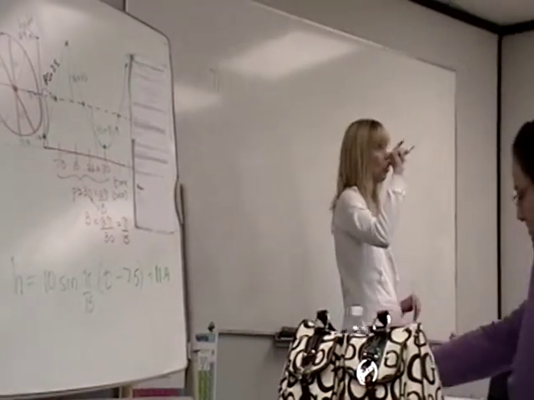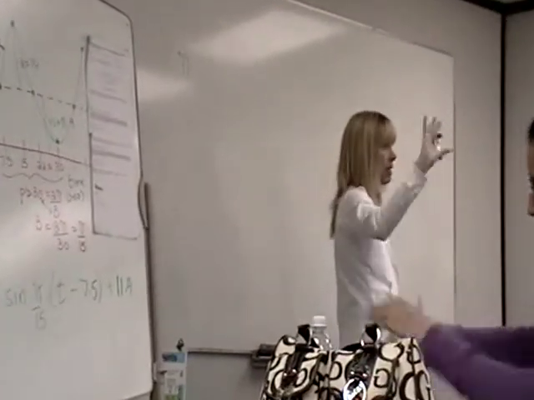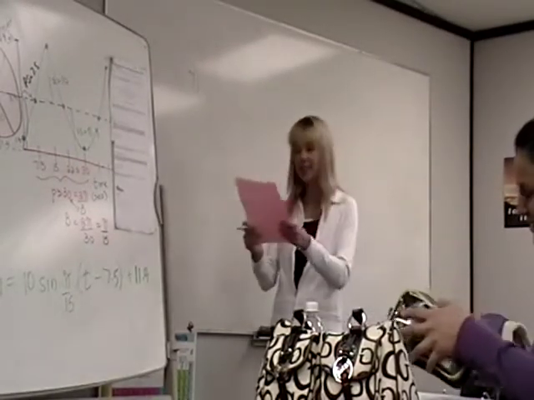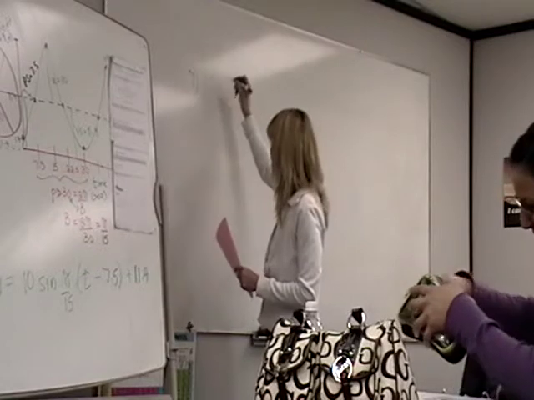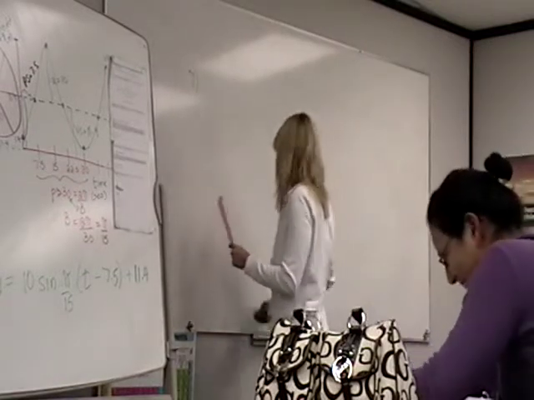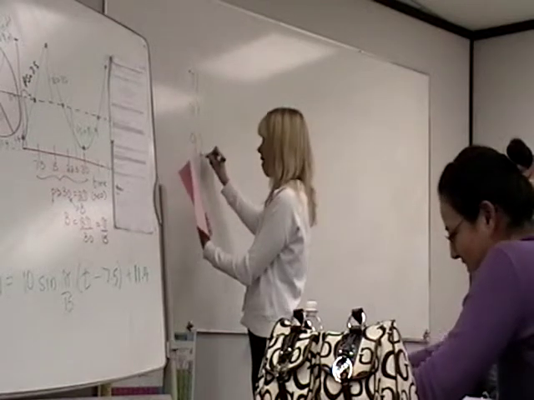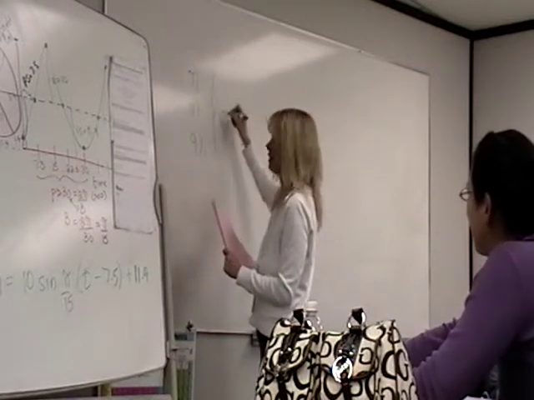So that's 1, 2, 3, 4, 5, 6. Now the next part is identities. Identities. I don't want to see another one in my life. So 7, 8, 9, that's identities.